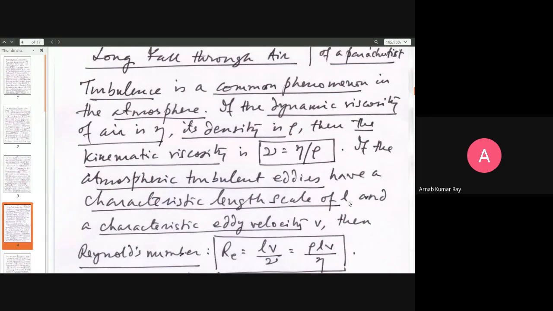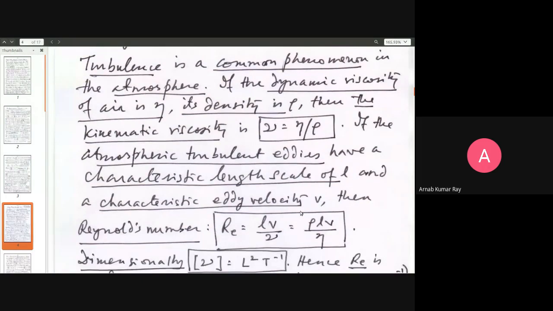Here in India, we have very large-scale cyclones. So these turbulent eddies have a characteristic length scale, typically of the order of the diameter of the largest eddy. And apart from that, there's also a characteristic velocity with which this round and round vortex motion is happening.